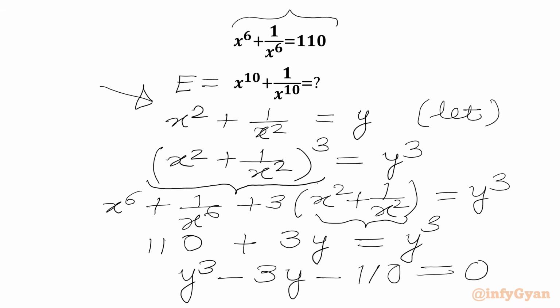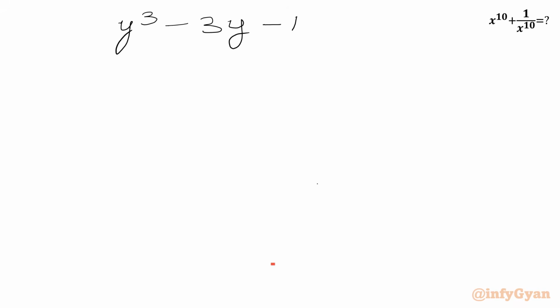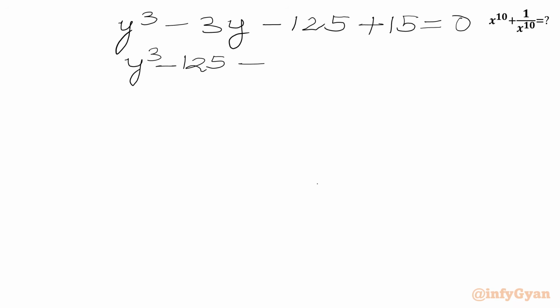Now we will solve this cubic equation for the value of y, and y is x square plus 1 over x square. Let's solve this cubic first. y cube minus 3y minus 110, which we can write as y cube minus 125 minus 3y plus 15, equal to 0.